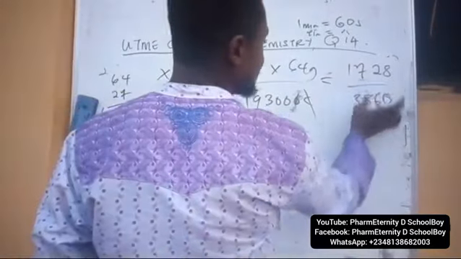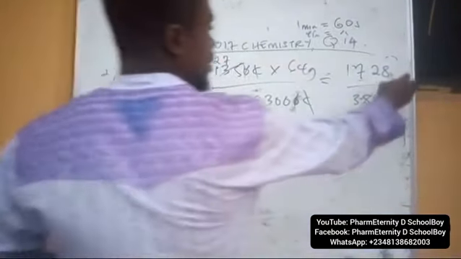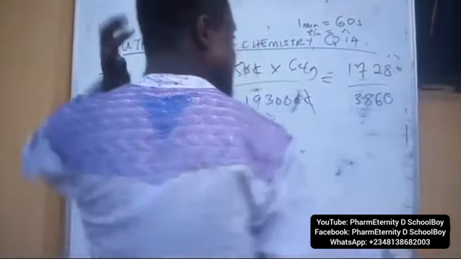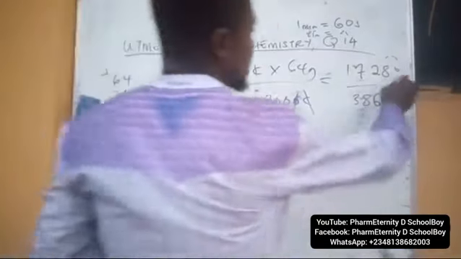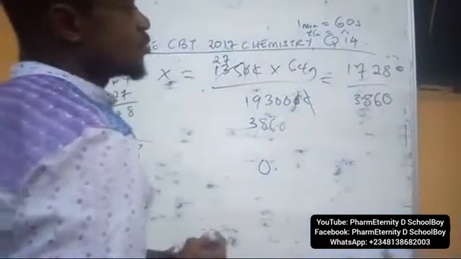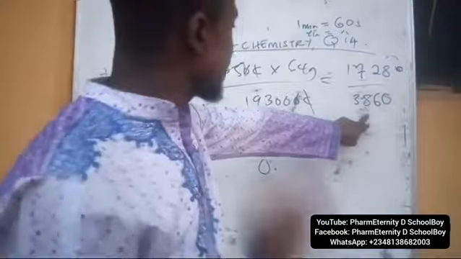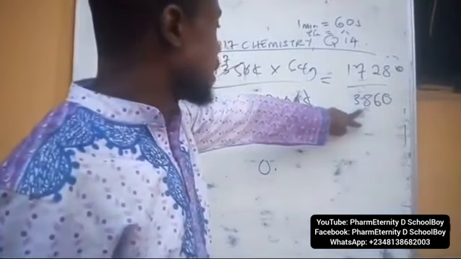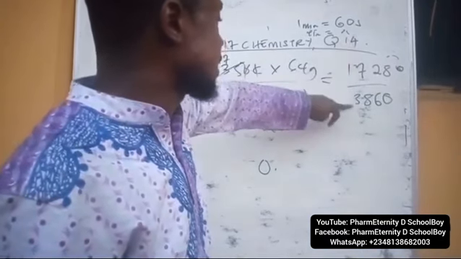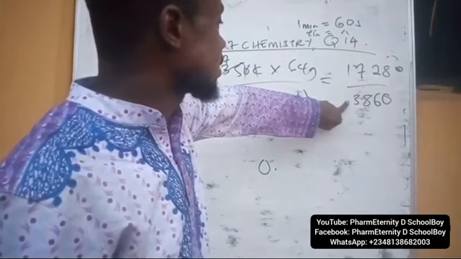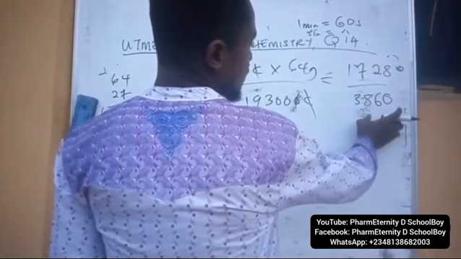If this divided by this cannot go, we put 0, add 0, then put a decimal point, add 0 here. How many of these can we find in 17,280? If you multiply this by 3, you get approximately 11,000 something.